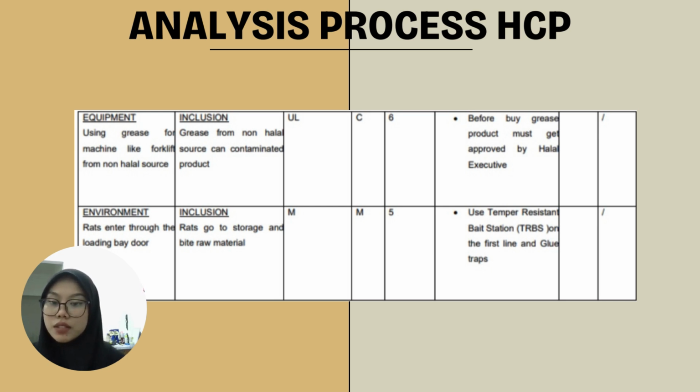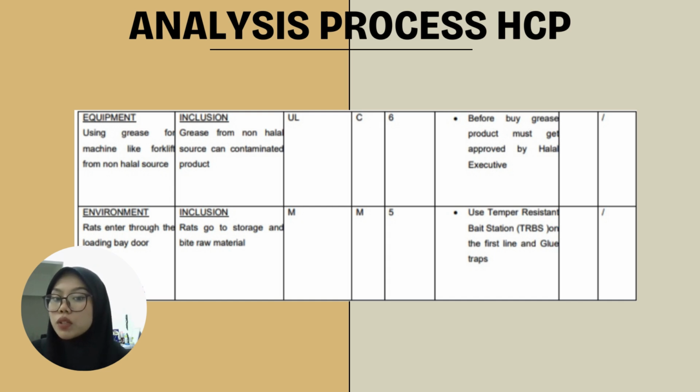The last one is environment. Rats enter through the loading bay door. The consequence is that rats go to the storage and bite all the raw material, so we do not want that to happen. When this happens it is moderate. It is not that likely, but it can happen if we do not do any countermeasure.